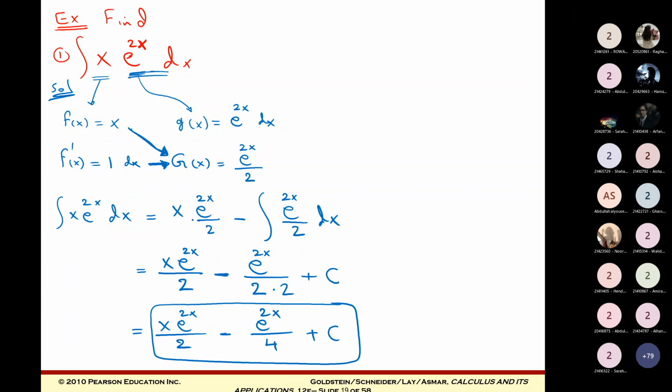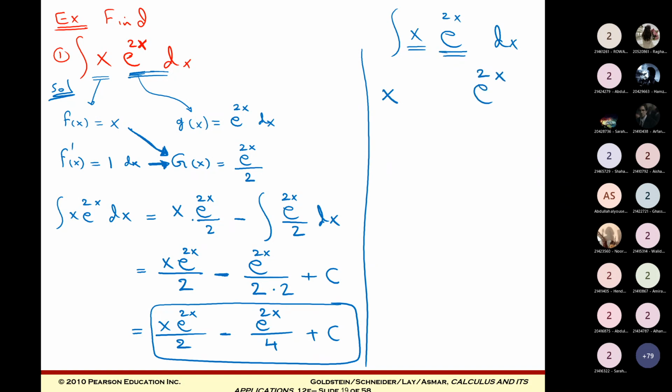Now how can we find the integration by another way? We have the integral of x and e to the power 2x dx. This is the first function, x, and this is the second, e to the power 2x. Which one, after a derivative, goes to the constant?